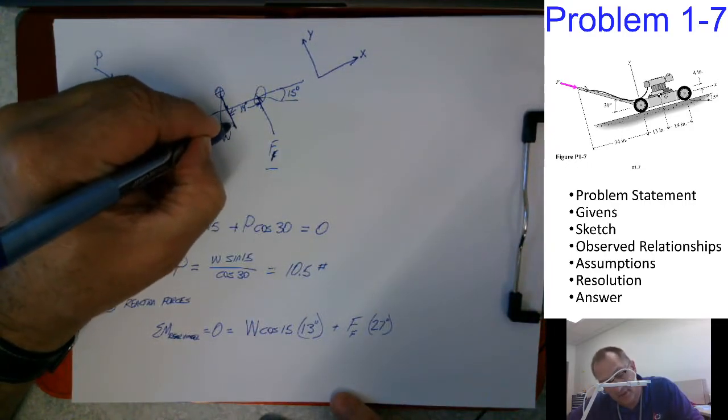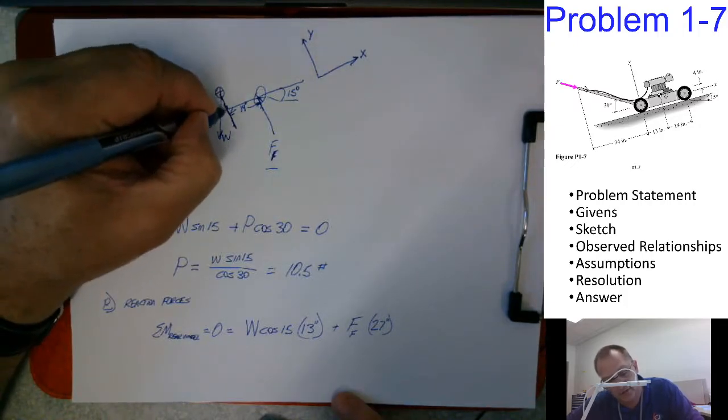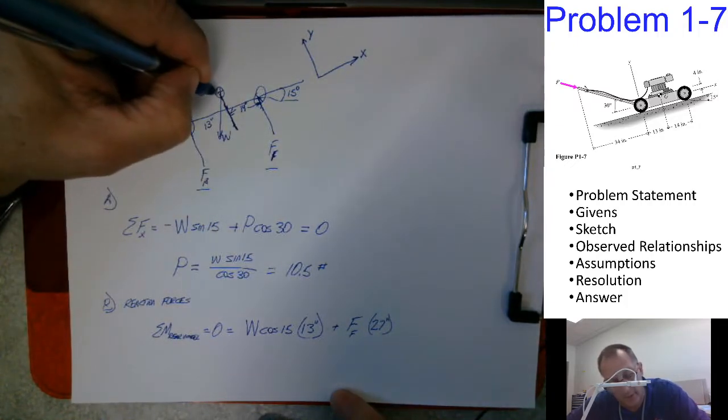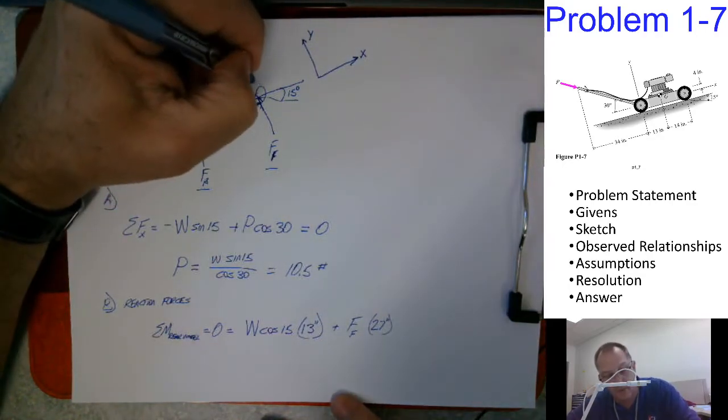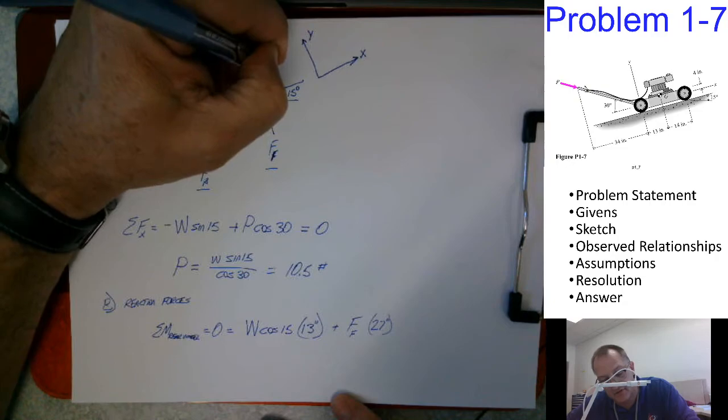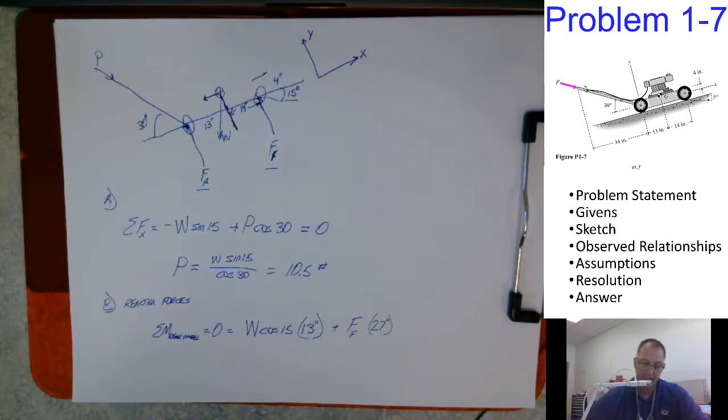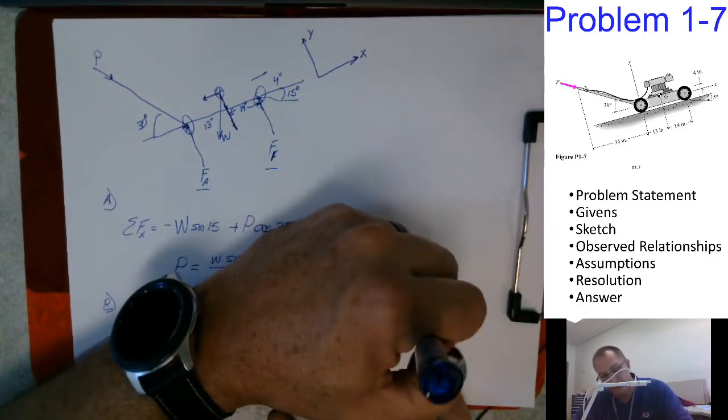I broke this force up into that direction, but there's one more component, and that is this force in this direction. That was the reason why I pointed out that there's a difference of 4 inches here. It adds one more term. And this is also going to be a plus term.